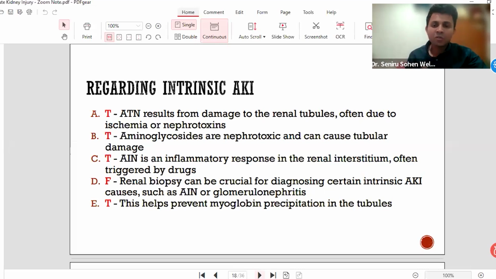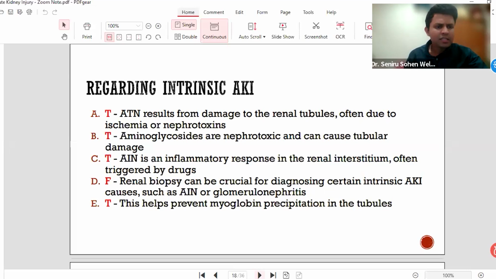So renal biopsy can be crucial in such situations in diagnosing intrinsic AKI causes such as AIN or glomerulonephritis, because glomerulonephritis sometimes can rapidly progress and may require immediate treatment with immunosuppressive therapy. In those cases, expediting a renal biopsy will be important.